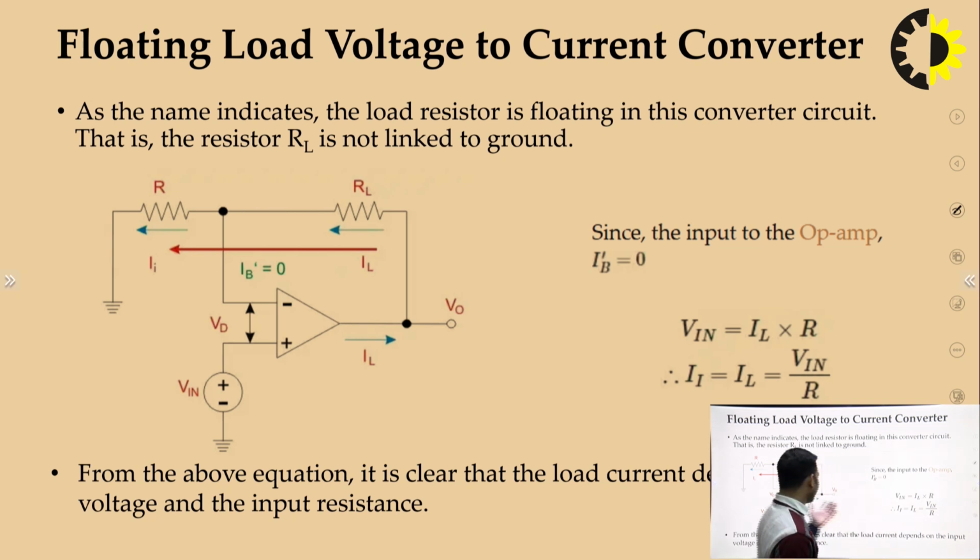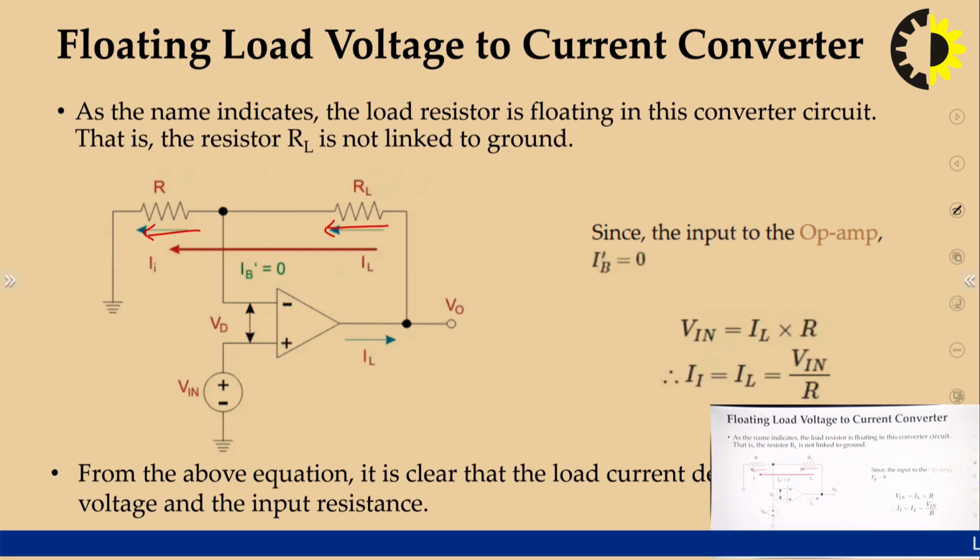This is the circuit of the voltage to current converter, and you can easily see here that we have considered the current flowing through this resistor R in this direction and through RL in this direction.